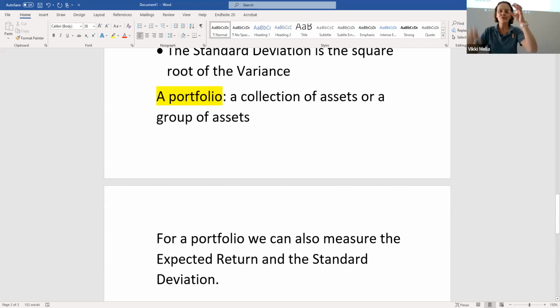So we focused on doing the calculations initially for a single asset, and then we started talking about a portfolio and how with a portfolio, it's possible to measure the expected return from a portfolio and the standard deviation of the portfolio. But we didn't do any calculations on standard deviation for a portfolio of assets.